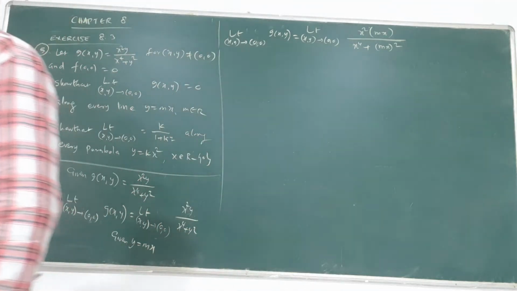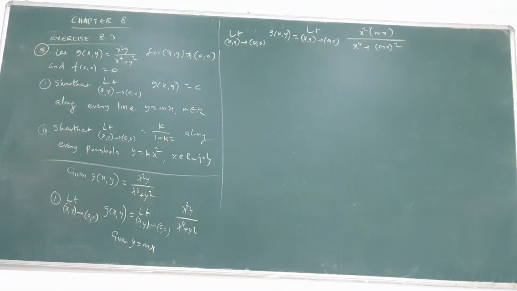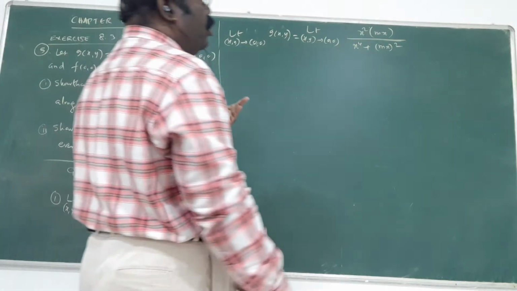Now simplify. If there is a common factor, cancel, then see the value. Directly applying the value, 0 is coming.